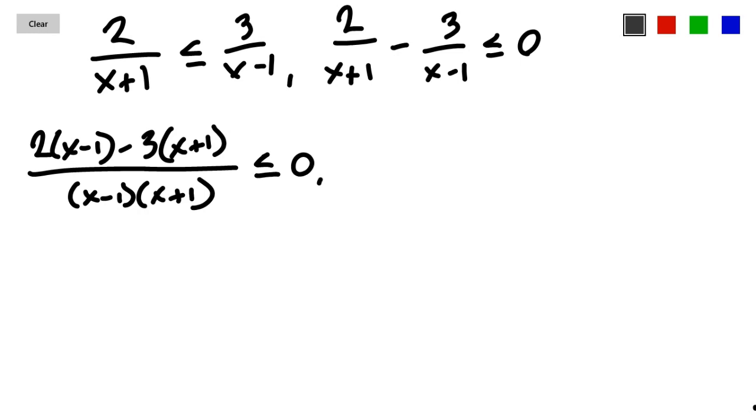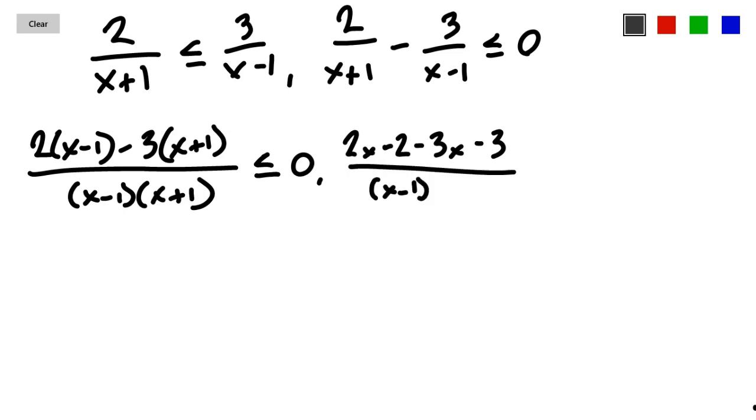So I have 2x minus 2 minus 3x minus 3 on the top, x minus 1, x plus 1. And then this finally simplifies into minus x minus 1. And I can factor out minus x minus 1, x minus 1, x plus 1, less than or equal to 0.